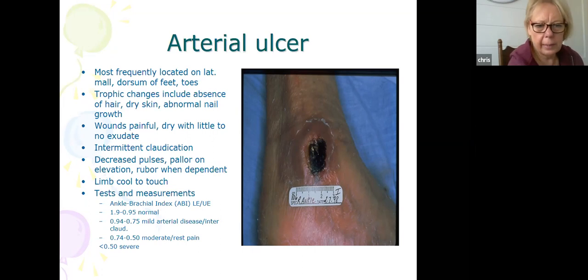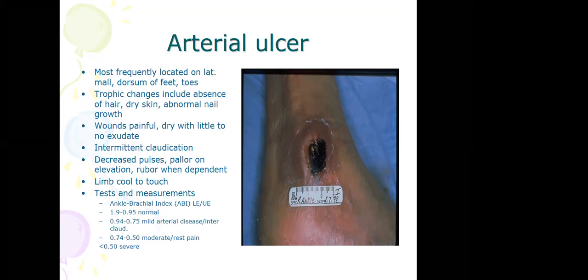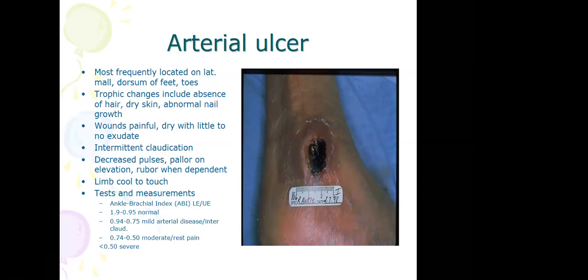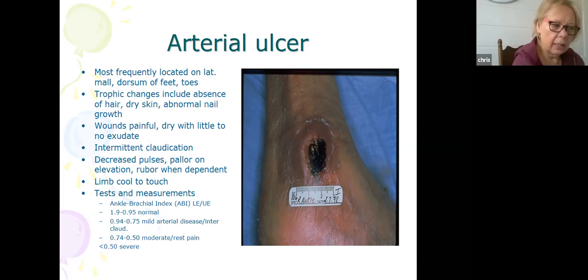Divide those two and what do you get? Anybody? 0.75. 0.75, right. So would that be normal? No, that would be mild, because it would indicate that there's not a lot of blood flow to the lower extremity, right? That's not normal. So you have arterial insufficiency.